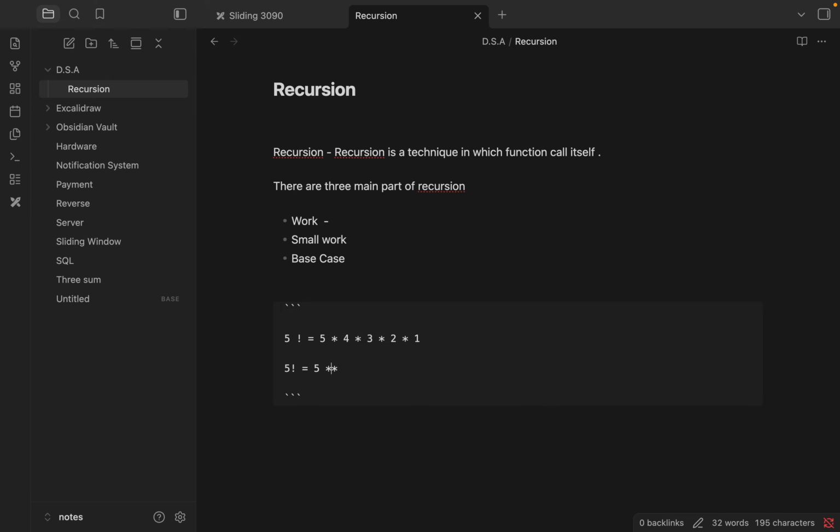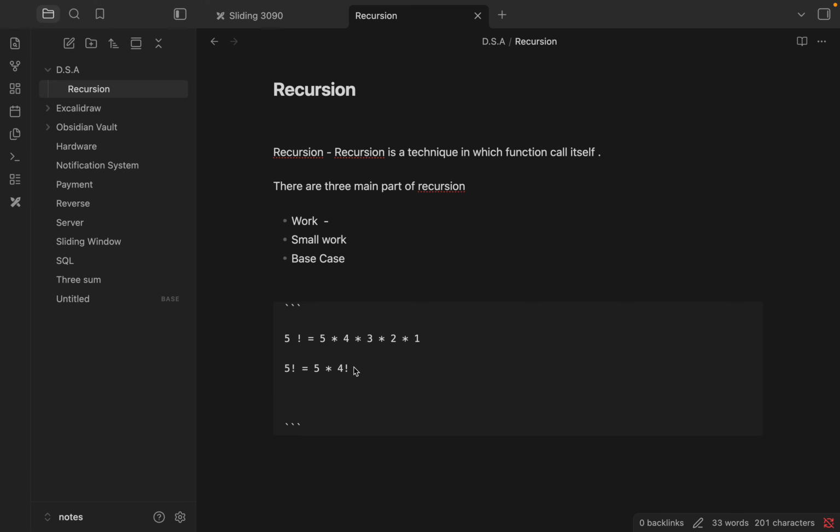We can say the work is 5 into 4 factorial. Here we can write the above sentence the same way. The second sentence is also the same. 5 factorial, we are going to write as 5 into 4 factorial, and then 4, 3, 2 and 1.